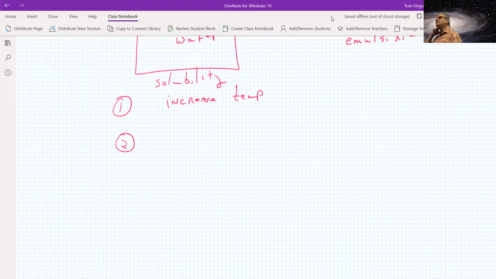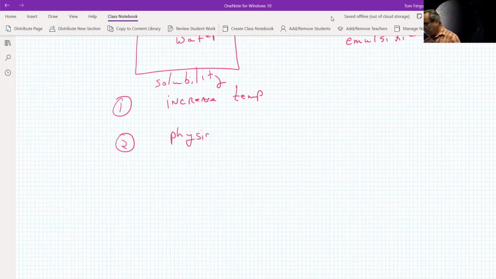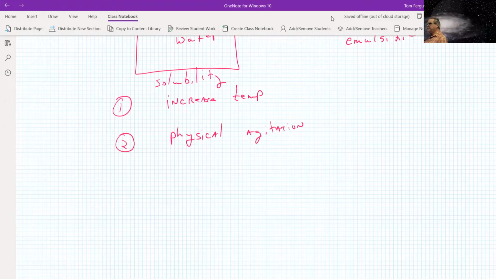And what is that similar to? Yeah, it's similar to increasing the temperature because we're increasing the motion. So physical agitation will increase solubility.